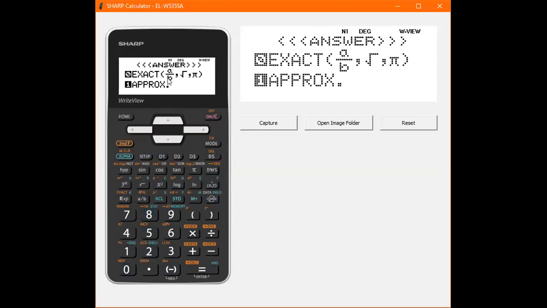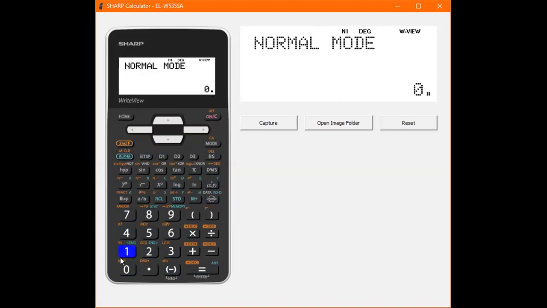So in other words, it will give you the fraction of the third or the pi answer first. Whereas if we choose 1 for approximate and we then do a decimal calculation, you'll see that it gives you a decimal solution first, but you can still change it to get to the fraction. So it's just 2 different ways of doing it.